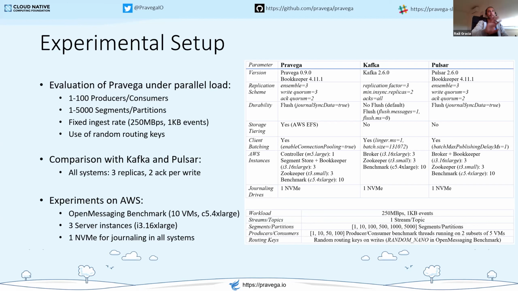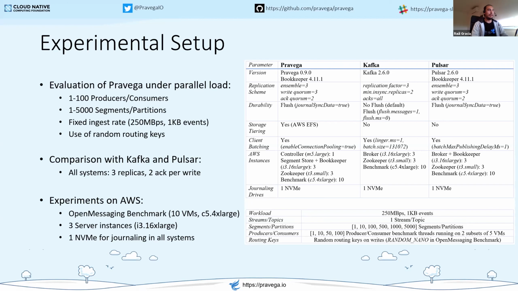In the table on the right side, you can see in detail the main settings we used for this comparison. A few of the main points we have to take into account is that we use the same replication scheme for all the systems, 3 replicas, and waiting for 2 acknowledgements per write. And also the kind of instances that we used.